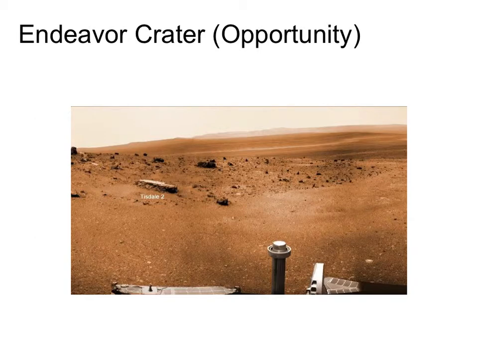Now Opportunity is going to spend the rest of its useful life at Endeavour Crater, which is this huge hole in the ground that will keep it busy for longer than the mission or the machine will hold out.